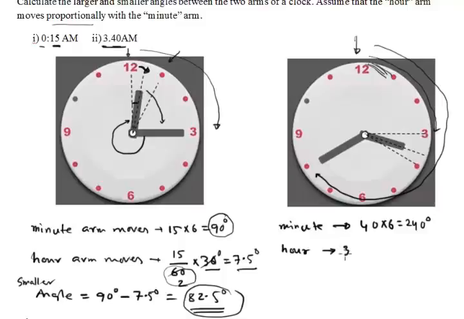So that means 3 hours will be 3 times 30 degrees plus another for 40 minutes. The hour arm is not at 3, it is moving towards 4. For 1 hour, 60 minutes, it moves 30 degrees. So for 40 minutes it will move 40 divided by 60 times 30 degrees, because in 60 minutes, for one complete revolution of this minute arm, the hour arm moves from here to here, that is 30 degrees, but here it's 40 minutes.